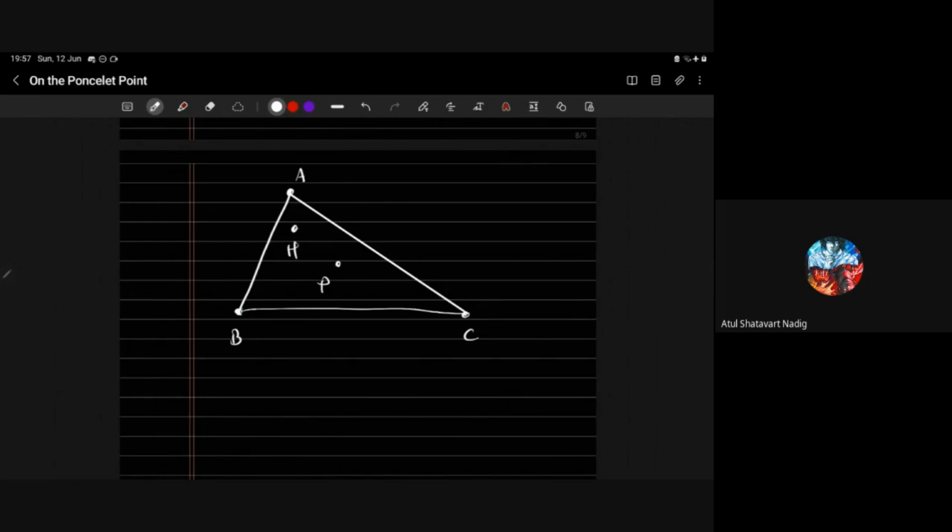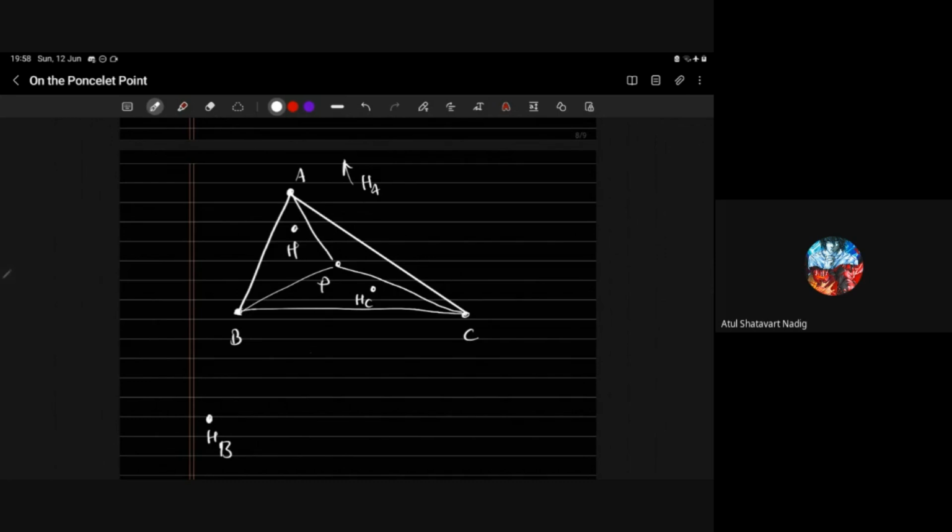Let's say H_C is the orthocenter of APB, H_B is the orthocenter of CPA, and H_A is the orthocenter of BPC. You just take the orthocenter of these 3 smaller triangles. So the orthocenter of APB is H_C, which is here, and the orthocenter of BPC is somewhere there, H_A. So this configuration gives really nice properties.